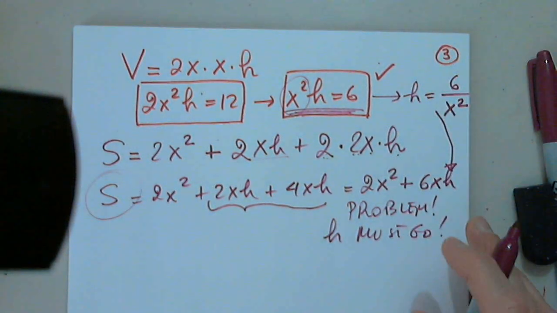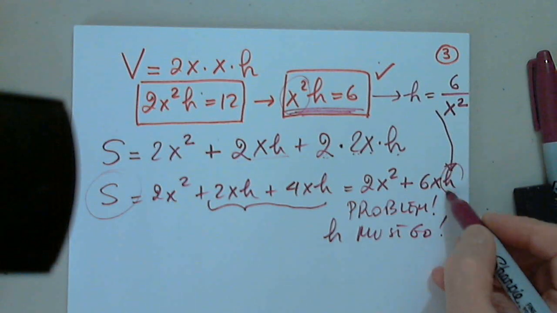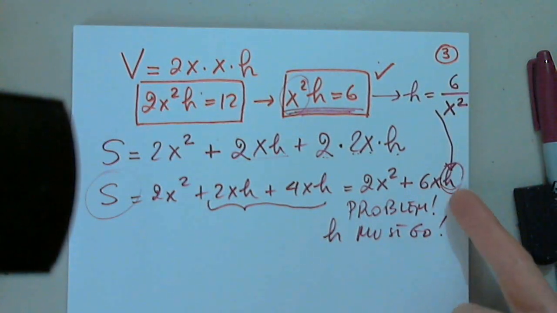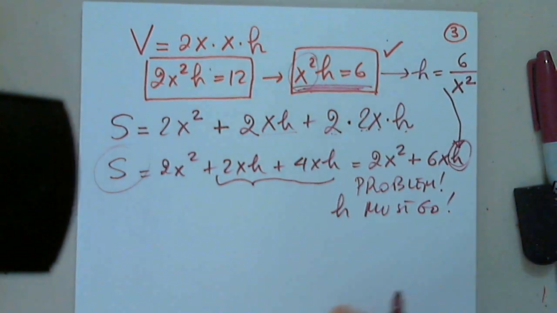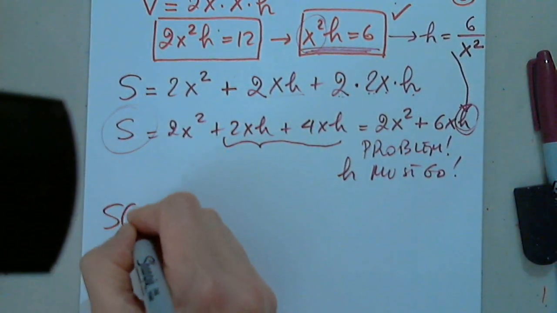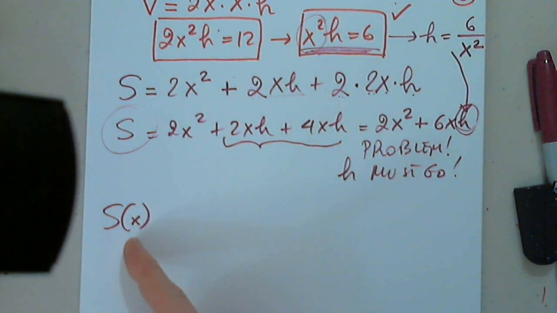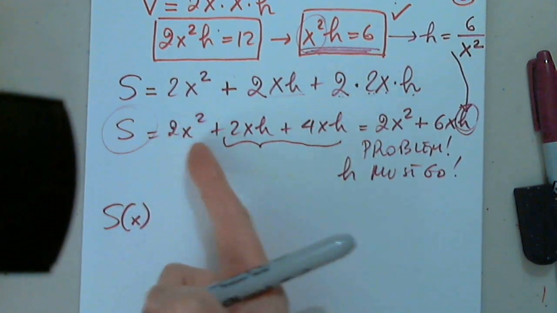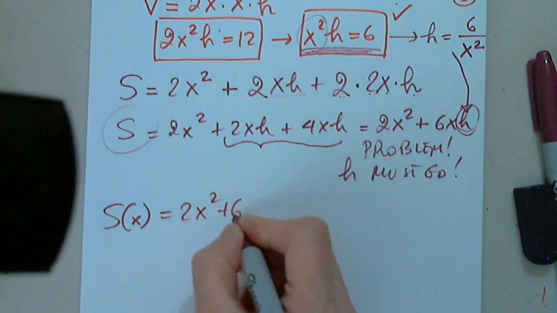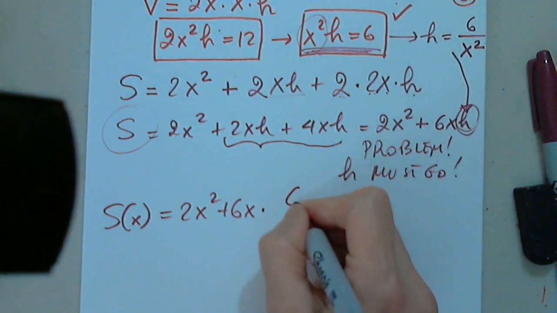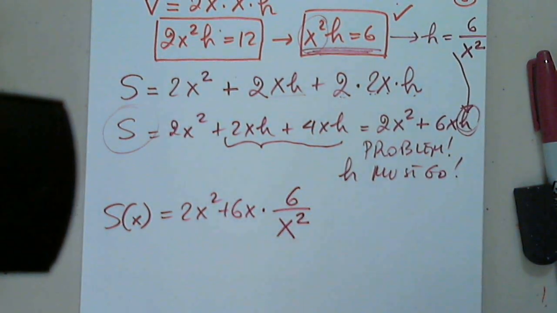No worries. Okay, so now I will replace this h by what? 6 over x squared. And excellent. And now I can really say that this is a function of x. I could not say it here because I had two variables in it. So then I have 2x squared plus 6x times 6 over x squared.